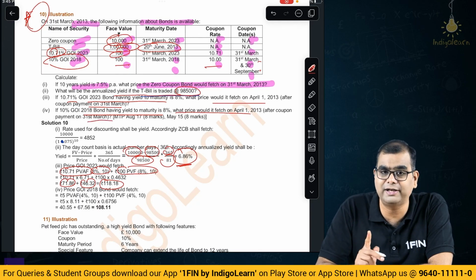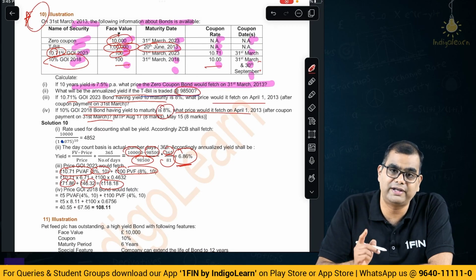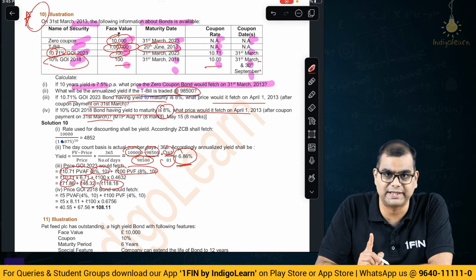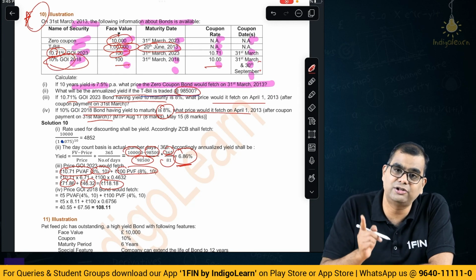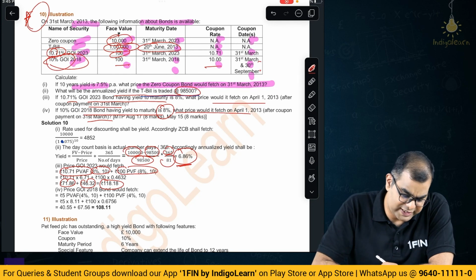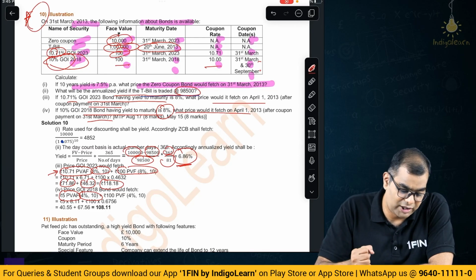This is also the same logic, but here the yield is 8%, so you divide it by 2 and compute everything for 4% because it is a semi-annual coupon. Coupon is also 10%, but since it is semi-annual, you take the coupon value as 5 and you do exactly like the previous one. So 5, which is the coupon, at 4% for 10 periods. Why 10 periods? Because you are in 2013 and the bond is maturing in 2018.